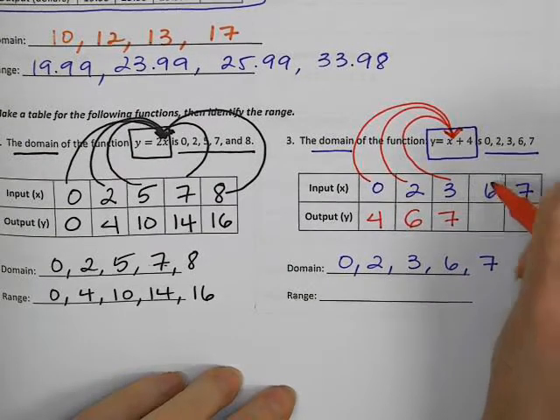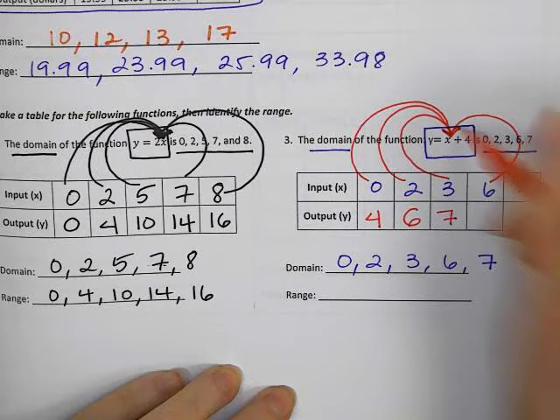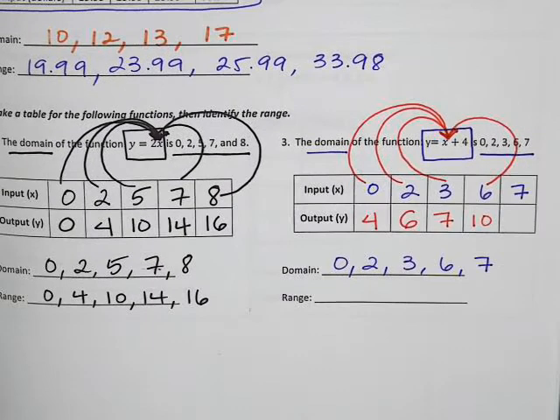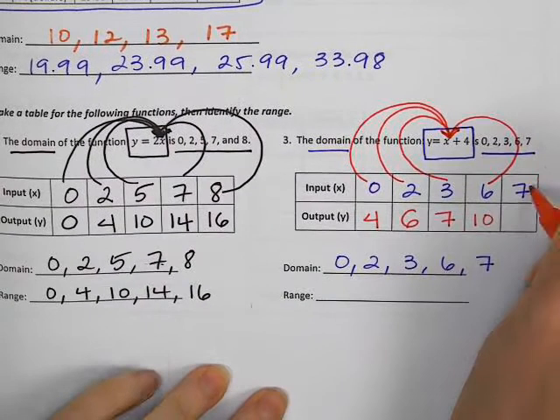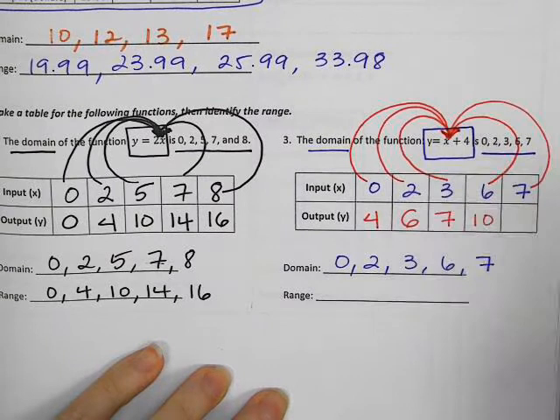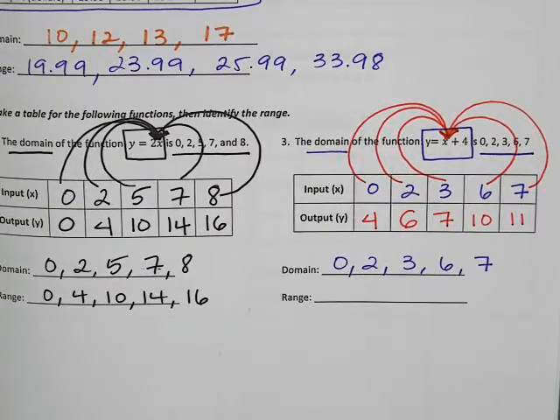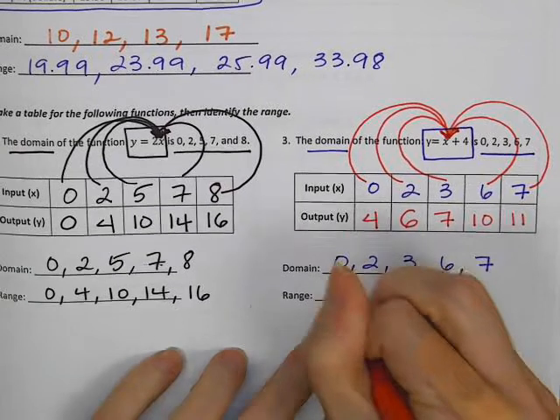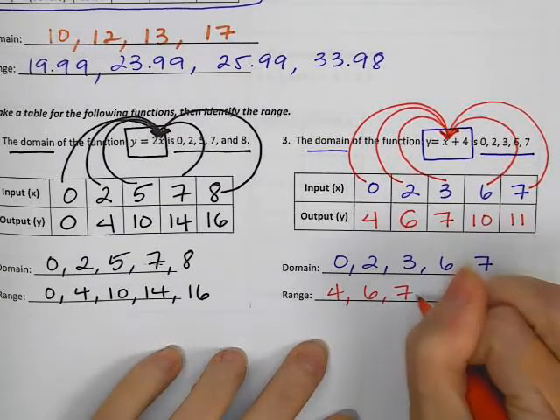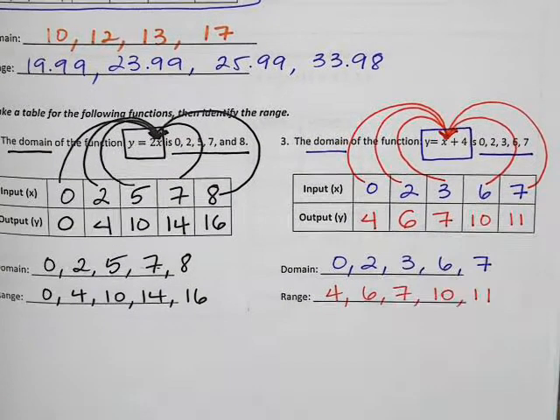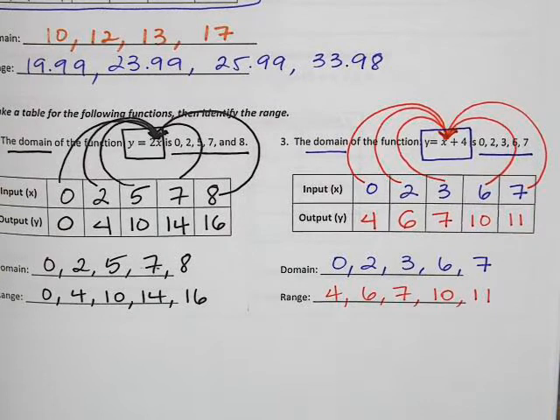When x is 6, y is going to be 6 plus 4, which is 10. And when x is 7, y is going to be 7 plus 4, which is 11. So if those are your outputs, those also become the numbers in the range. All right, so not too bad.